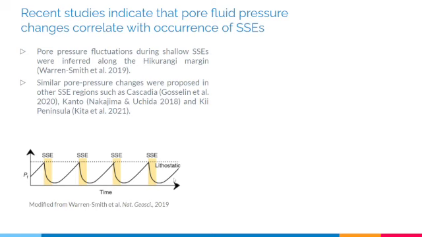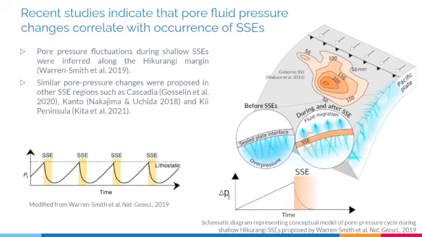So this figure shows an example diagram that represents the conceptual model behind the potential mechanism of this pore fluid pressure fluctuation. According to this interpretation, before slow slip events, the plate interface would be sealed, and this causes accumulation of fluids in the lower plate, thus building overpressure.